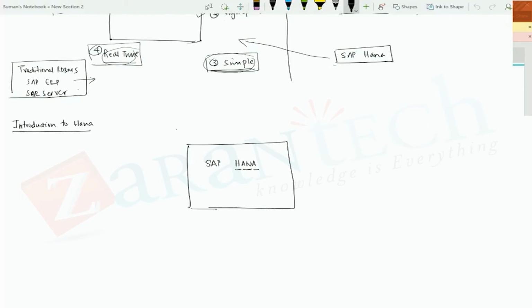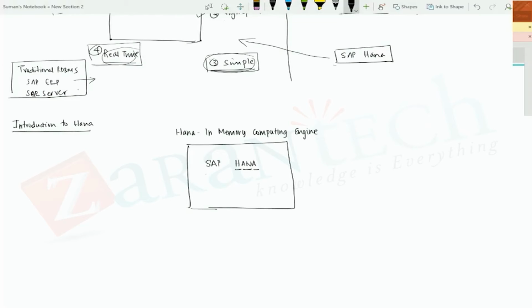In layman's terminology, you probably would have heard the concept that SAP HANA is an in-memory computing engine. So let's dive a little deeper and understand what this product is all about.